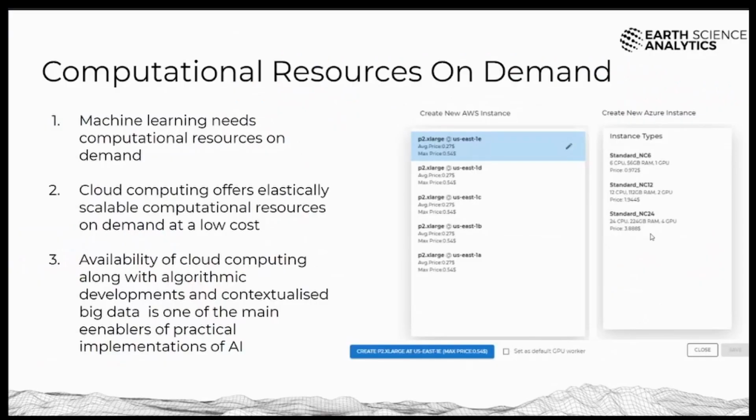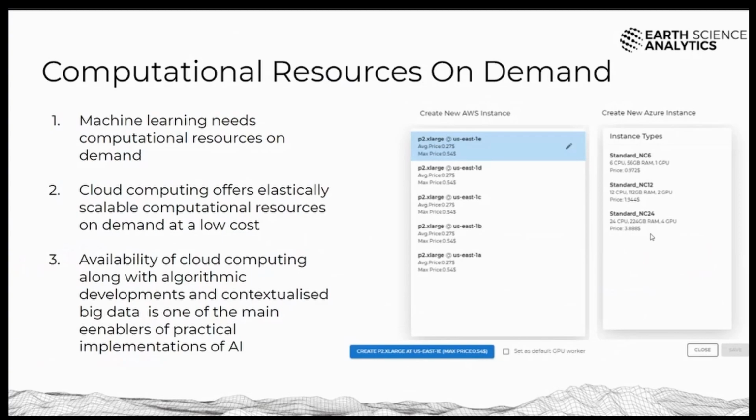Just an example here of computational resources on demand. We need this both to train machine learning models and also to execute them on some data. This is fully elastic. You just go into the system and click which type of resource you want, which region you want it in.